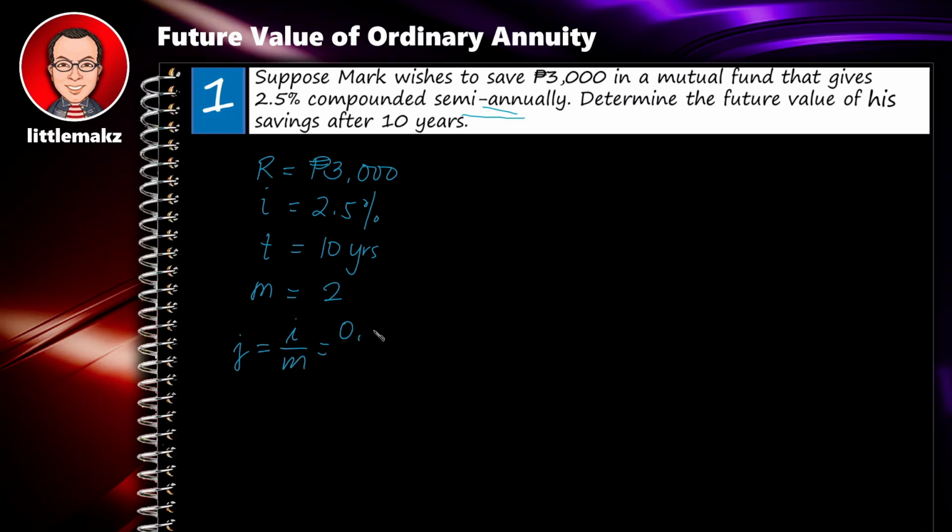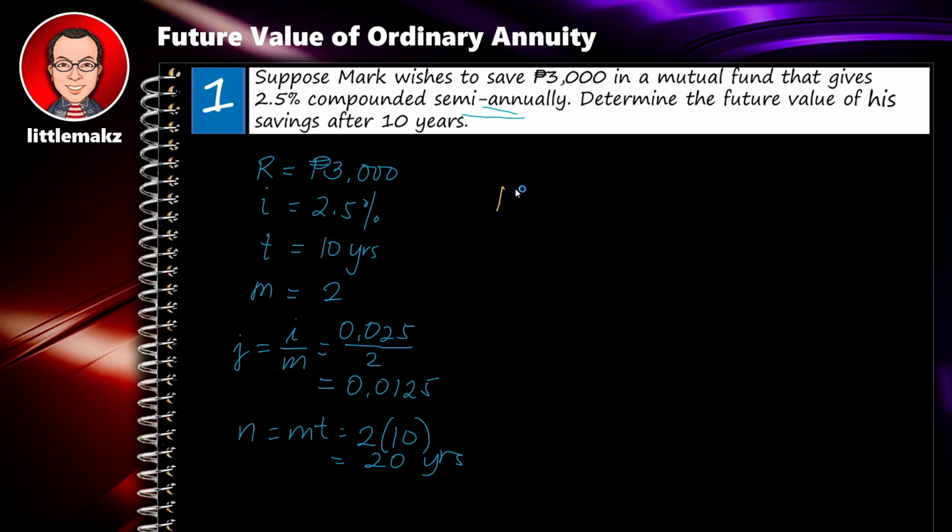So 0.025 divided by 2. So this is equal to 0.0125. Then N is equal to M T, we have 2 times 10, so we have 20.